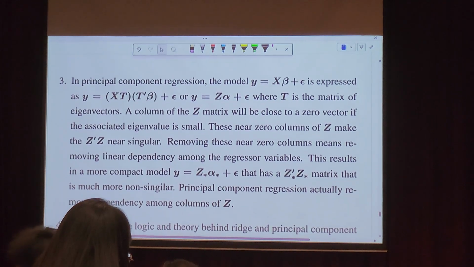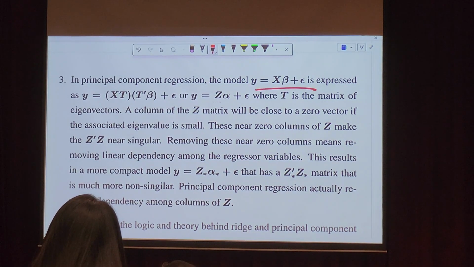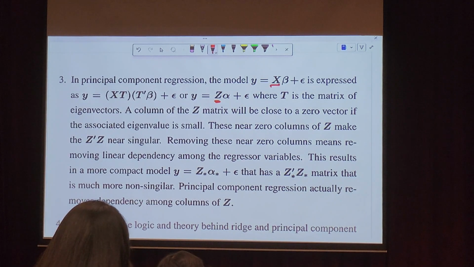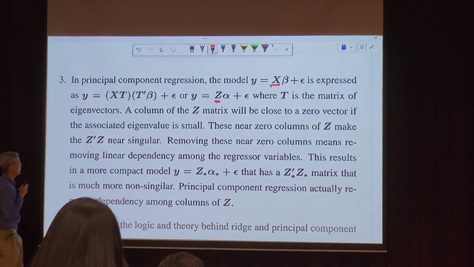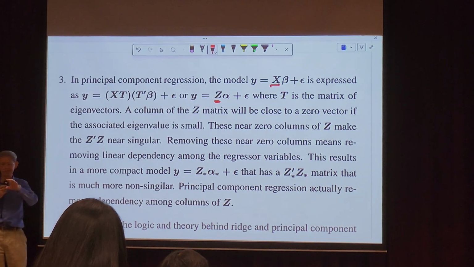Now, in principal component regression, we convert this model into this. We convert the X matrix into a matrix of principal components. Why? Because the principal components tell us whether there is any dependency or not.